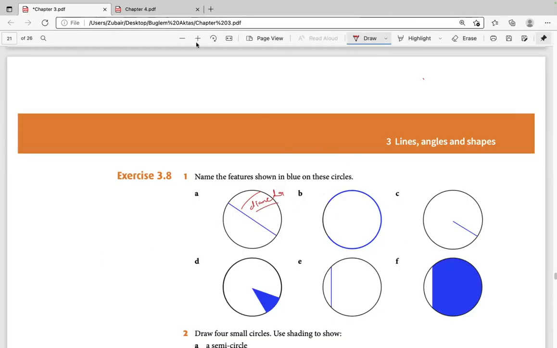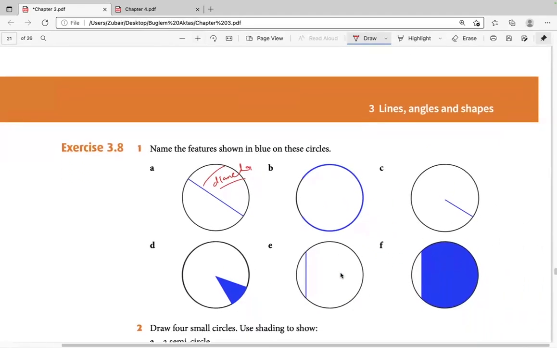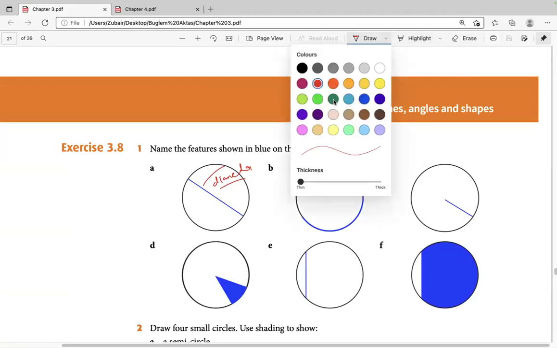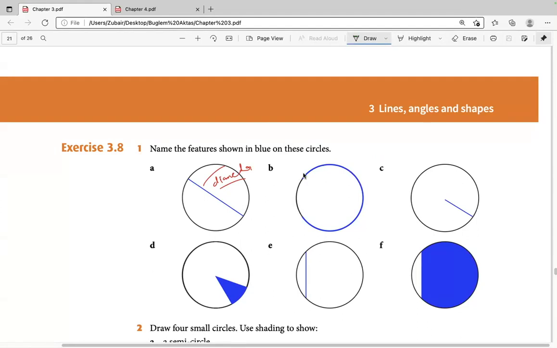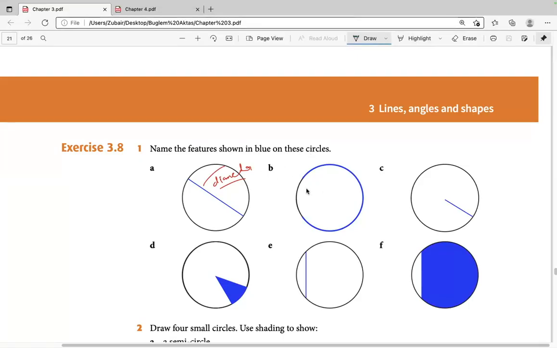Where is it blue? You see this section? Can you see this section in blue in B? What is it called?